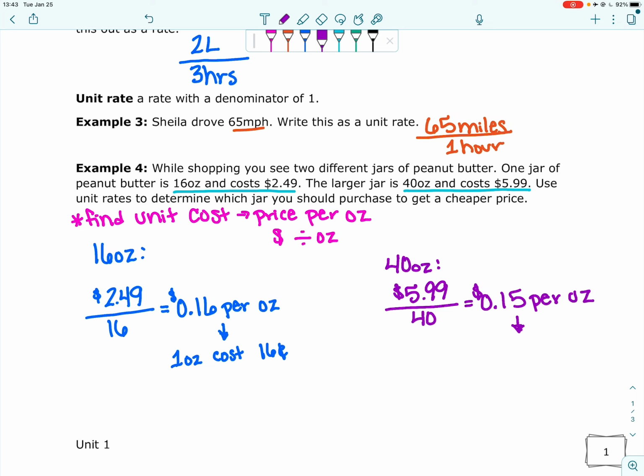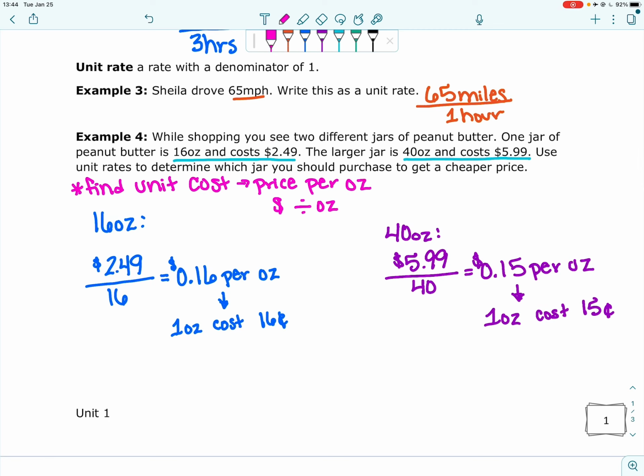So one ounce of peanut butter from this jar is going to cost you 15 cents. It doesn't look like a huge difference, but think about how much peanut butter you might buy in a month, or over your lifetime. That could end up being a very big difference.